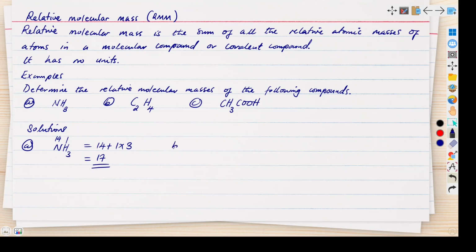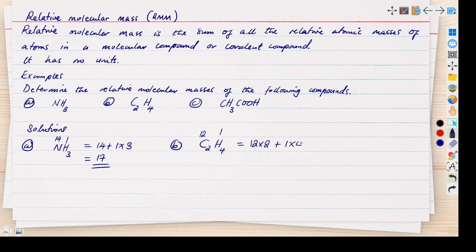Then if we go to B, we have C2H4. This is carbon, on the periodic table its relative atomic mass is 12, hydrogen is 1. So we'll say 12 times 2, because there's a 2 here, plus hydrogen 1 times 4, because there's a 4 here.